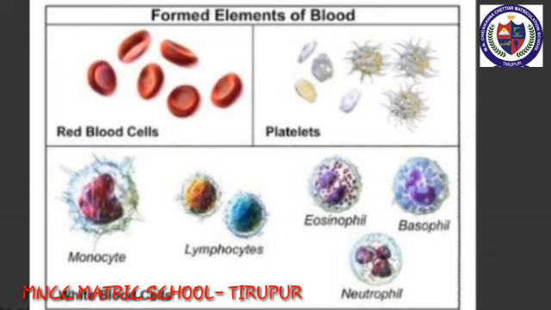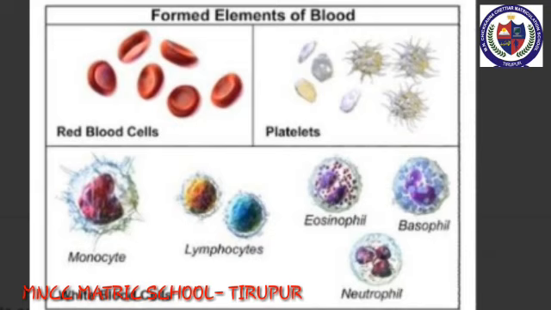The white blood corpuscles can be grouped into two categories: granulocytes and agranulocytes. Granulocytes contain granules in their cytoplasm. The granulocytes are of three types: neutrophils, eosinophils, basophils.